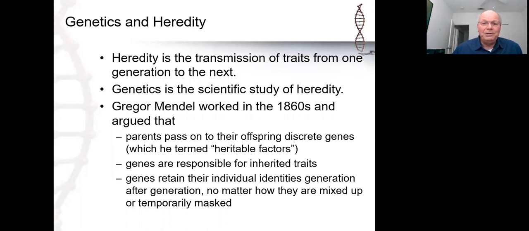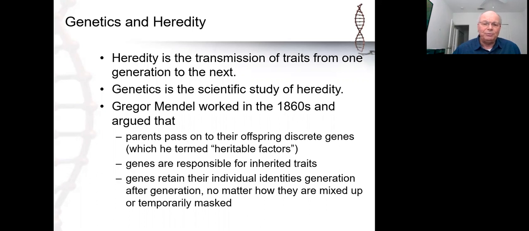And the one thing that Darwin could never explain in all of his explanation of evolution and natural selection was where the variation came from that was required for natural selection. Mendel's work explained where the variation came from. But apparently, Mendel never contacted Darwin, even though he knew what Darwin's thinking was, and he knew that Darwin had this problem with understanding where the variation came from. And we feel that Darwin also knew about Mendel's work.